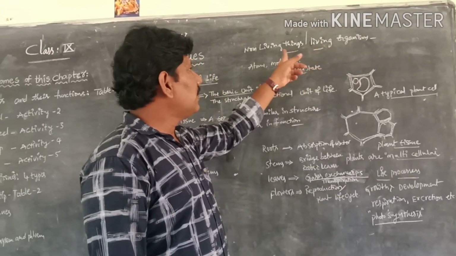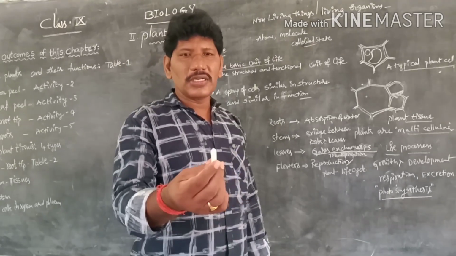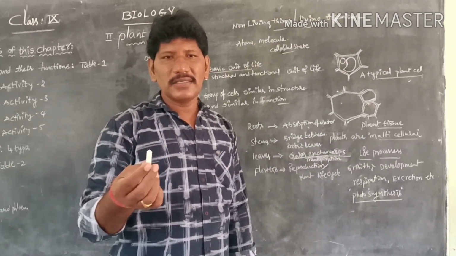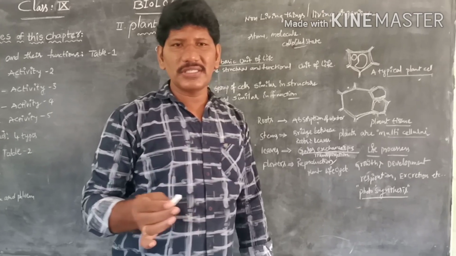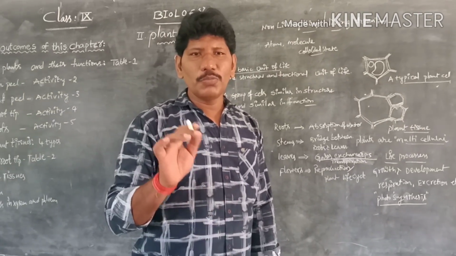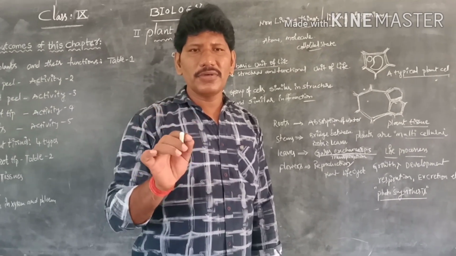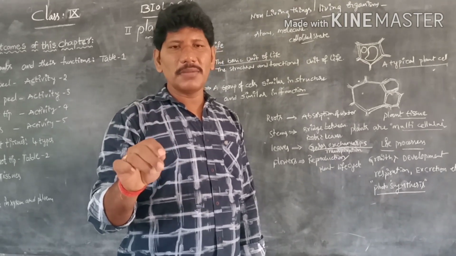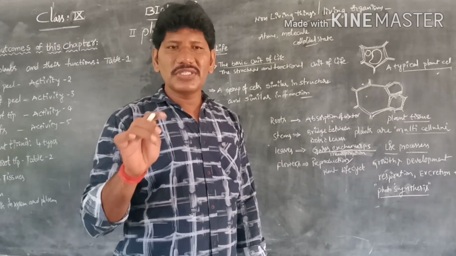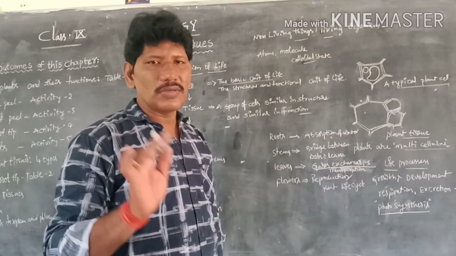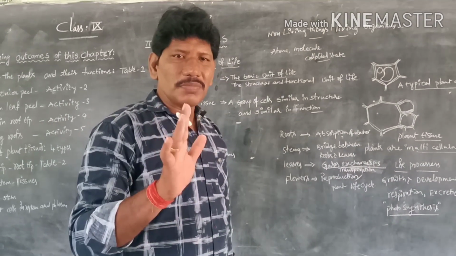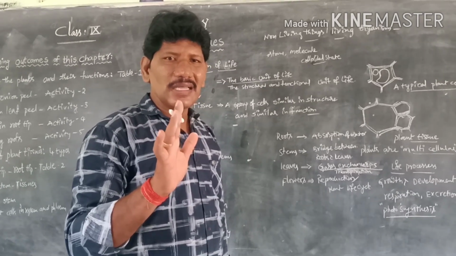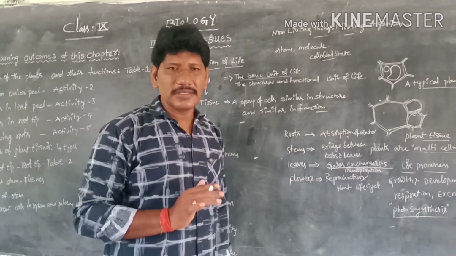See, a piece of chalk or a paper or pencil or any goods around us is made up of atoms or molecules. For example, a piece of chalk is composed of atoms or molecules, which stay in the colloidal state or crystal state.